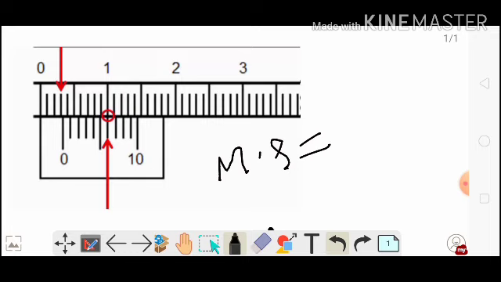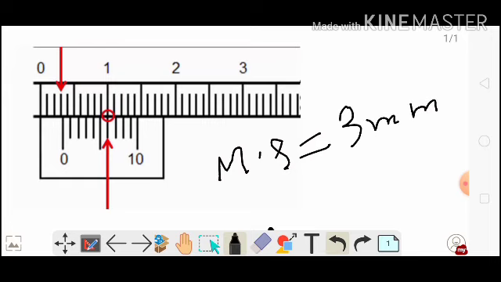For this particular figure, you can clearly see 1 mm, 2 mm and 3 mm. The zero mark of the vernier scale just crossed the 3 mm mark of the main scale. So the reading of the main scale will be 3 millimeter.